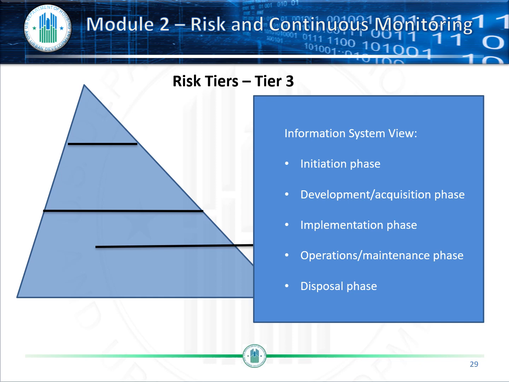Subsequent to initiation, development, and acquisition, the implementation phase of the system development lifecycle provides an opportunity for the organization to determine the effectiveness of the selected security controls employed within or inherited by the information systems under development prior to the commencement of actual operations.